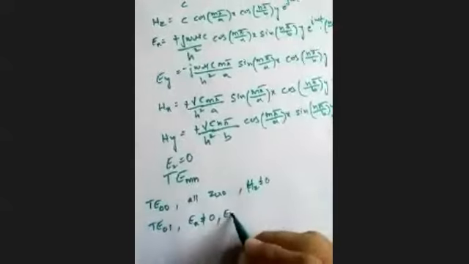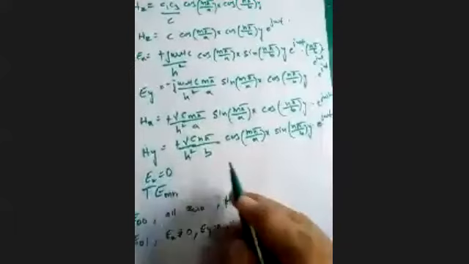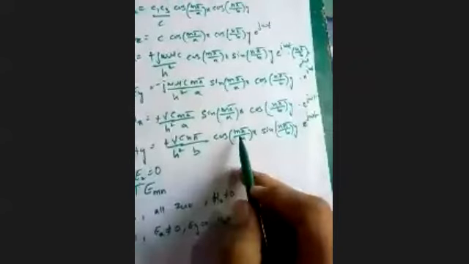So Ey is equal to 0, Hx is equal to 0. What about Hy? Hy is not equal to 0 because cos of 0 is 1, and n is equal to 1, so Hy does not vanish, right? So Hy is not equal to 0. Okay, so TE01 exists, right? This will exist because we have one electric field component and one magnetic field component in the perpendicular direction. So this mode exists.